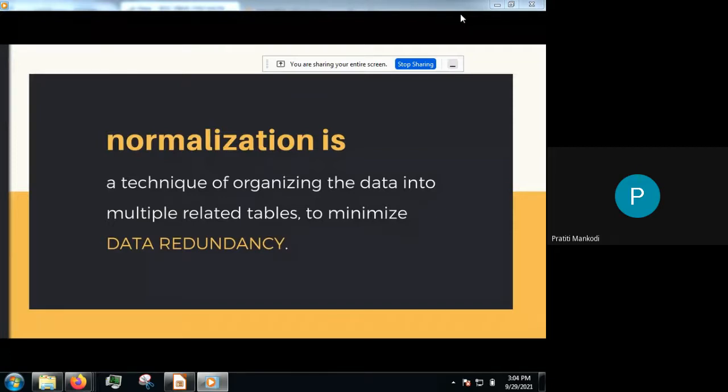And what is the normalization process all about? You have one big table where you are storing all the data, which will have so many duplicate records. We'll see the example. So we need to minimize this. We need to split the table into multiple tables to reduce the redundancy and thereby eliminate the different anomalies.